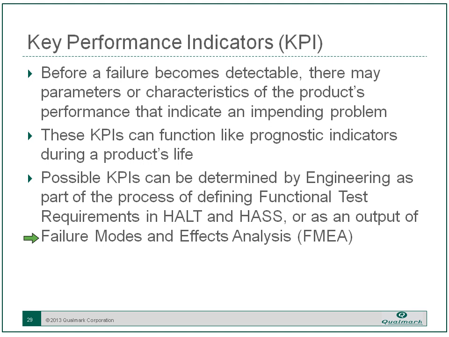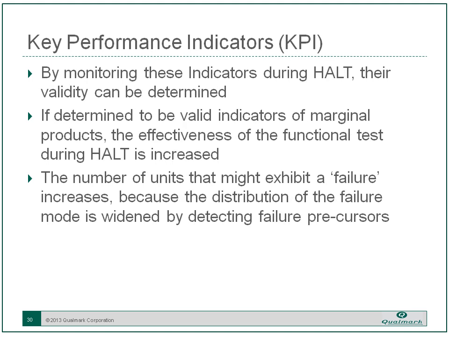You can verify whether or not these are good key performance indicators by figuring those out before you start HALT, and monitoring them in HALT to see if they are indeed indicators of impending failure, and not simply the way the product behaves when you hit it with extreme temperatures.